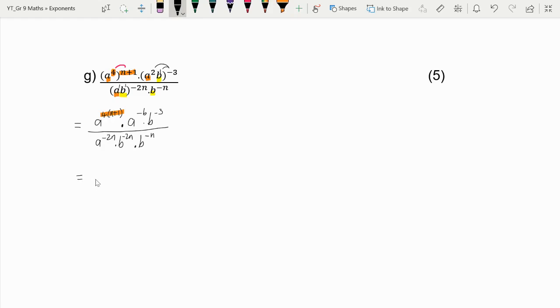Now, let's take it from there. Well, we've got a base of A there and a base of A there. Let's simplify the numerator on its own and the denominator on its own, and then we see what we can do from there. So we've got those bases of A. Our law of exponents says that if our bases are the same and we are multiplying, we can add those exponents.